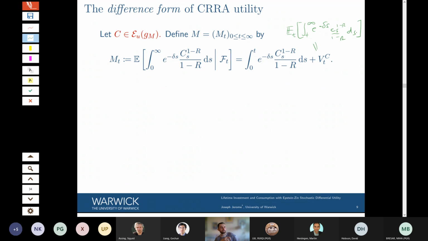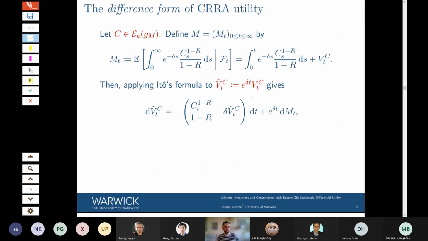And then we're going to up-count by delta t, and we get the following stochastic differential equation for v tilde, which is the up-counted thing.